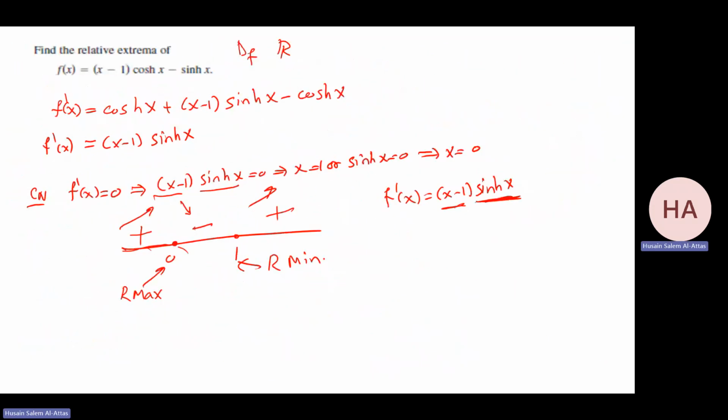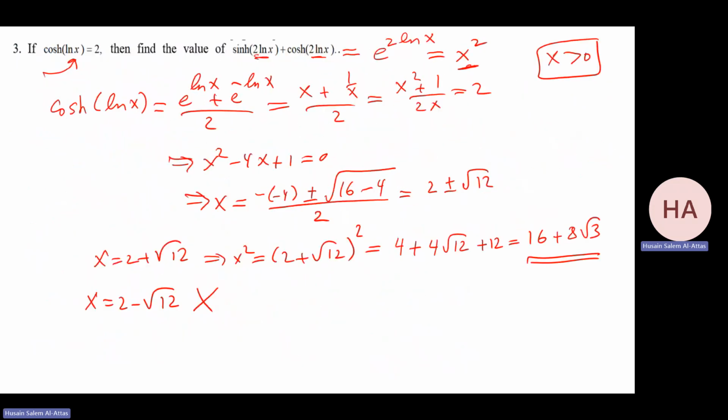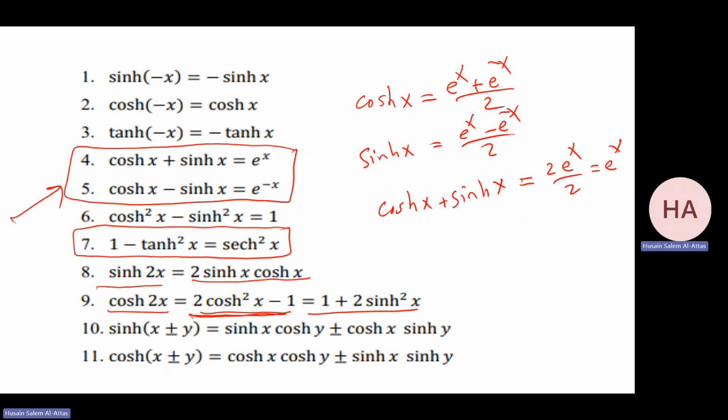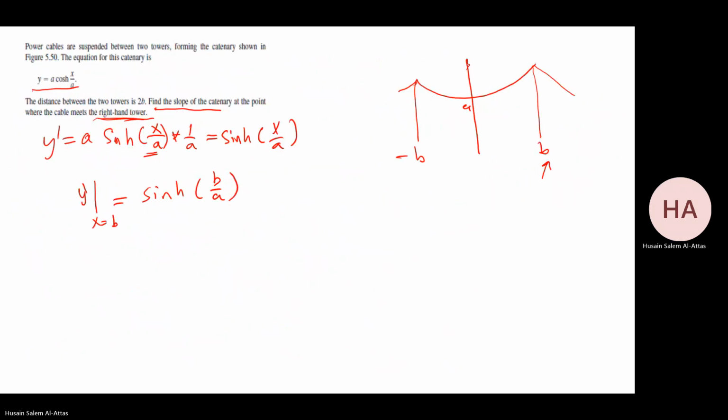Since if I know tan hyperbolic, I can get secant hyperbolic, so I can get cosine hyperbolic, then I can get cosine hyperbolic of double x.